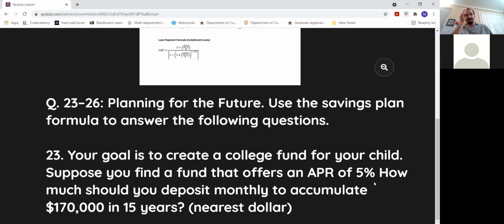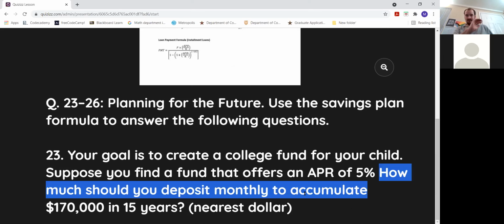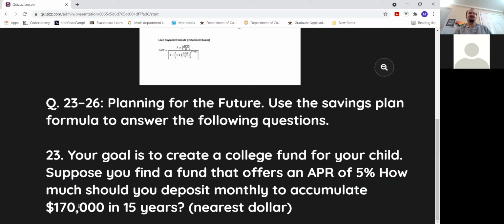They say, how much should you deposit monthly? That sounds like a payment that we're making in order to accumulate. So this is the accumulated amount.